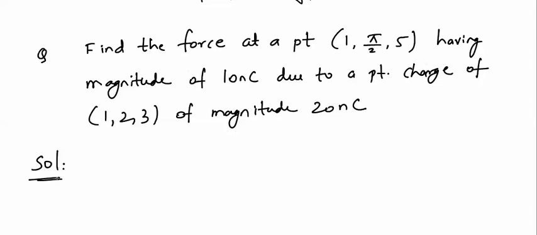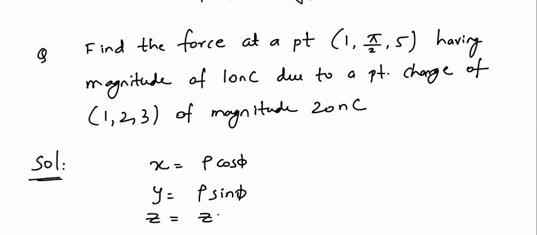We have rho, phi, z, and x is rho cos phi, y is rho sin phi, and z is equal to z.